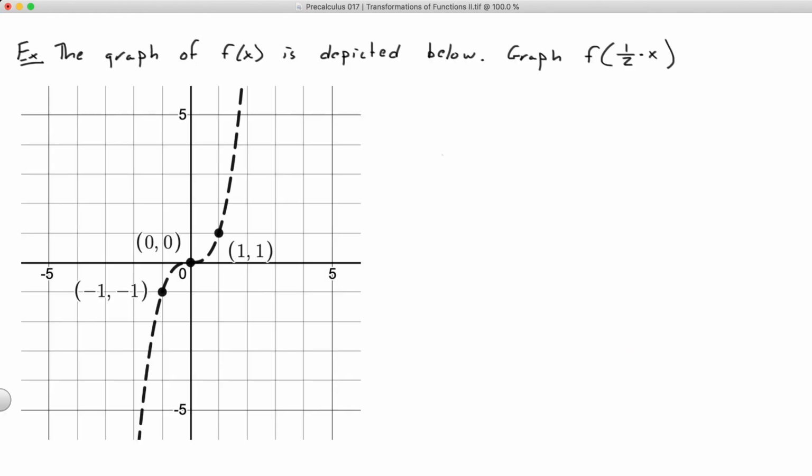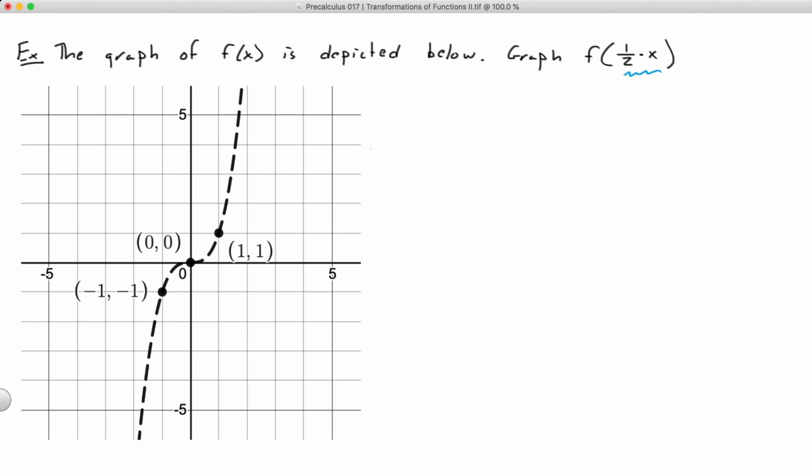So let's look at an example where we have to stretch the graph of f of x by a factor of 1/2 in order to graph the function f of 1/2 x. Now here, sort of like when we did our horizontal shift from our previous video, the parameter 1/2 is acting on the x, it's acting on the input. And so we'll want to act on each of our inputs, each of our x coordinates, to perform the transformation here.